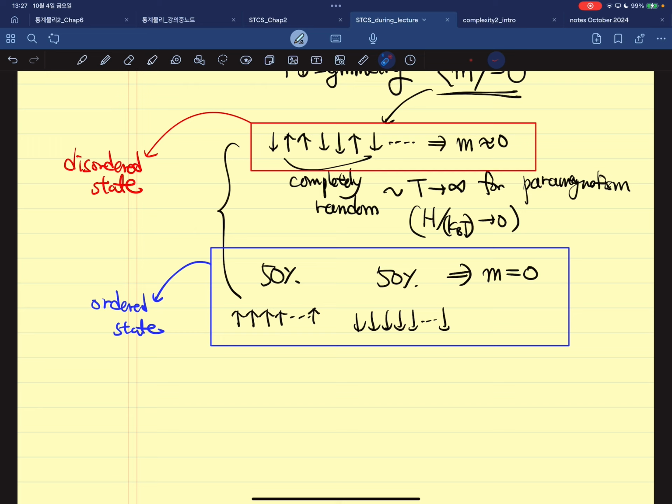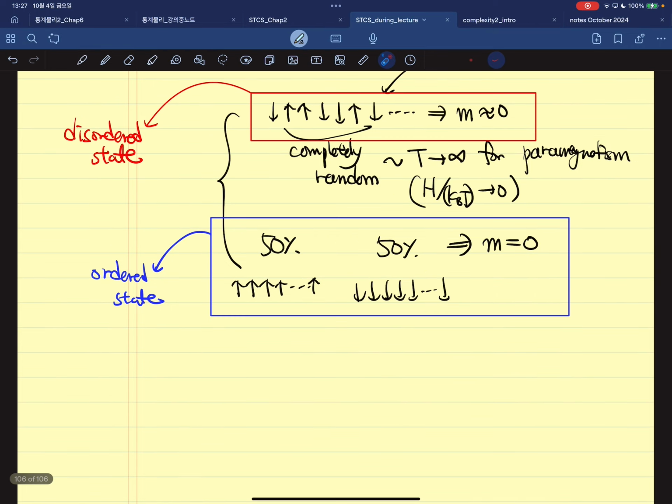But because of this intrinsic up-down symmetry, if you just take average without considering each of these configurations, you will get the same vanishing average magnetization. So you have to carefully differentiate between this one and this one. There can be some different way to distinguish these two.